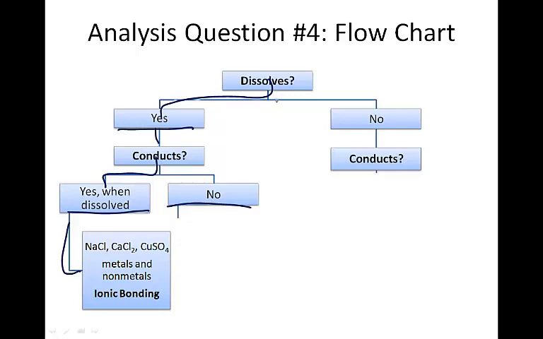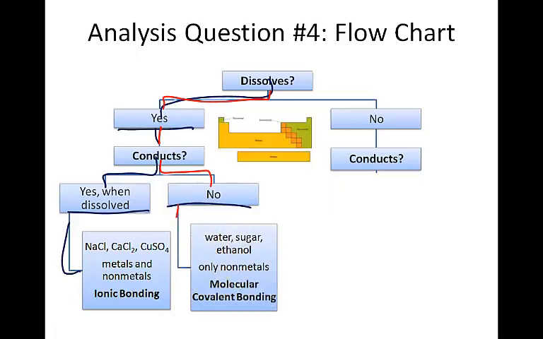If you follow this other path, dissolves, but it does not conduct, what category would that be in? That would be molecular covalent, because it does dissolve, but it does not conduct. Water, sugar, and ethanol fell into that category. They only have nonmetals in them, including hydrogen. So those are molecular covalent.